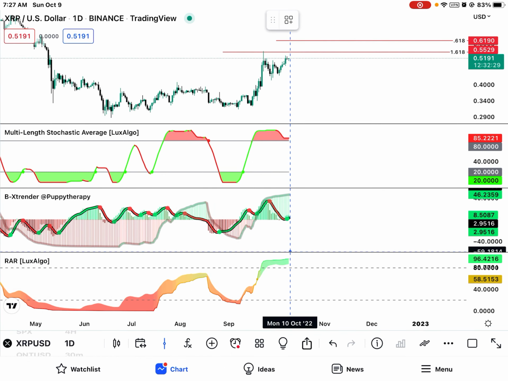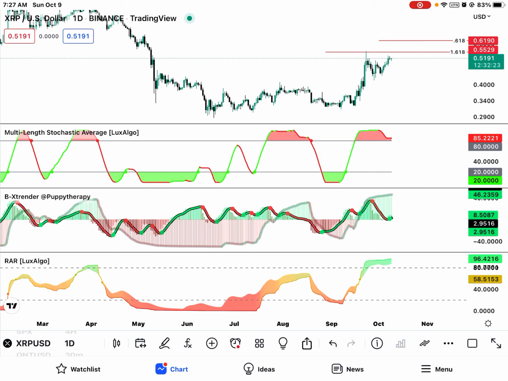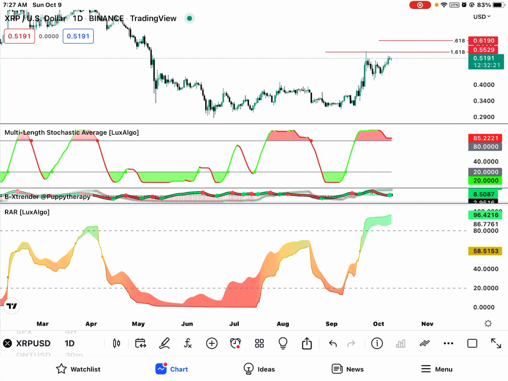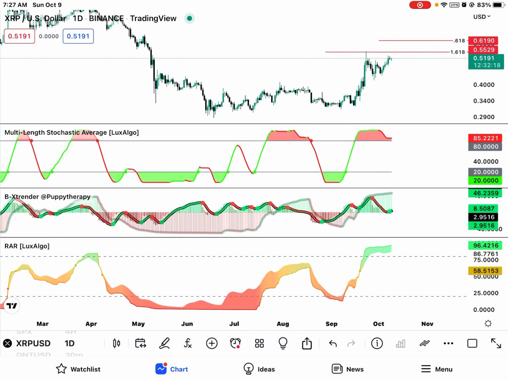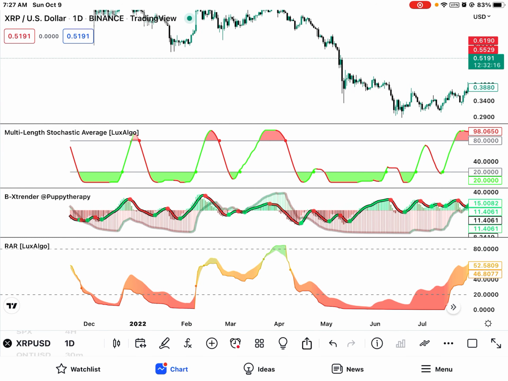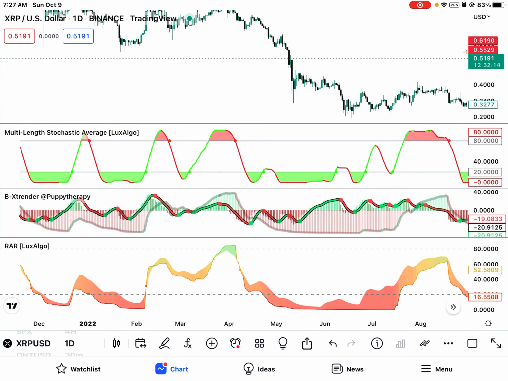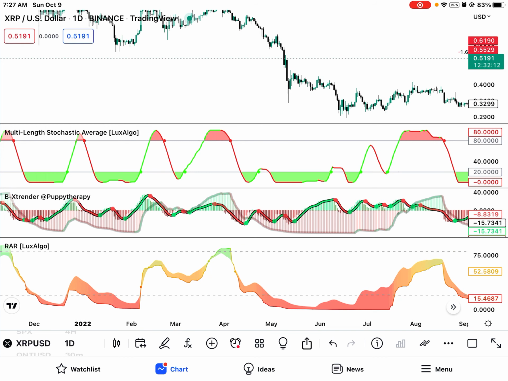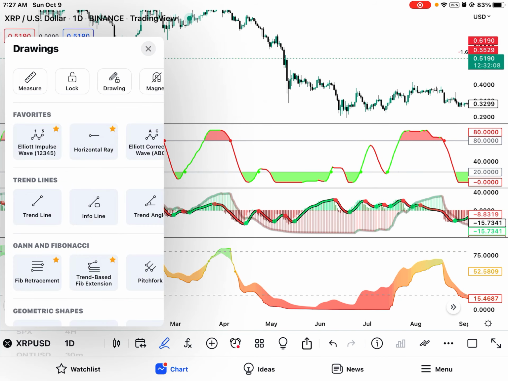Every time the RAR, this bottom indicator right here, is oversold, while the multi-length stochastic is red, and the BX trender is below the 0 line, we drop by at least 40%.